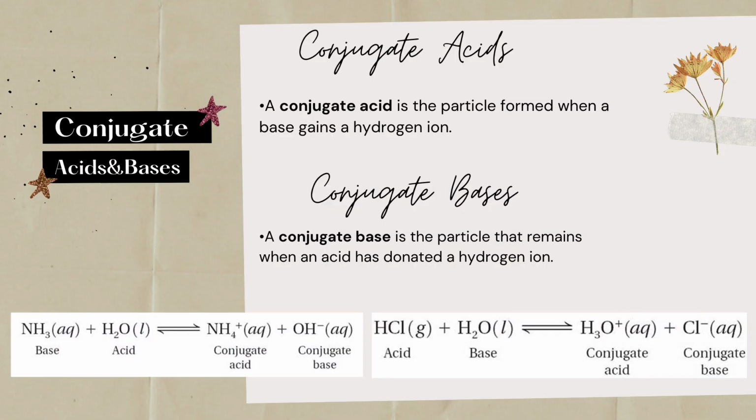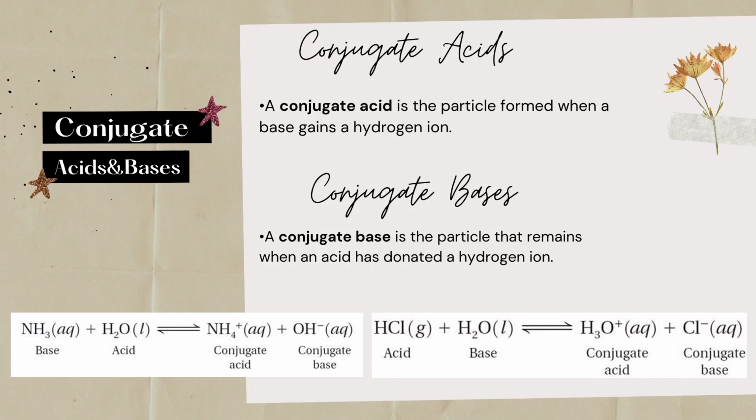In the Bronsted-Lowry definition of acids and bases, a conjugate acid-base pair consists of two substances that differ only by the presence of a proton, or H+. A conjugate acid is formed when a proton is added to a base. A conjugate base is formed when a proton is removed from an acid.